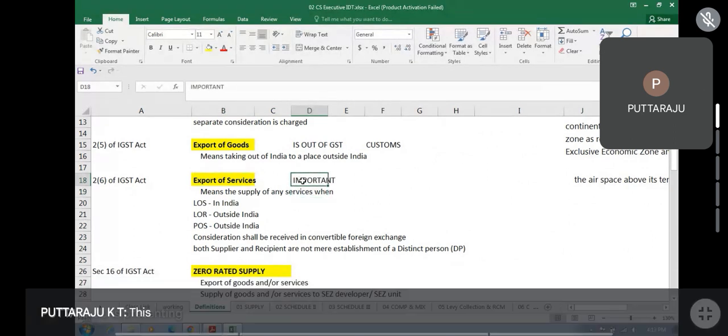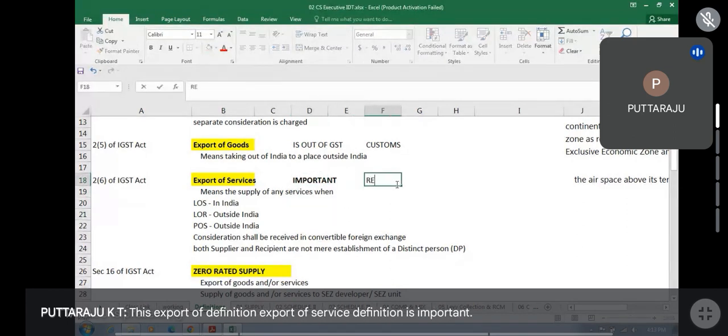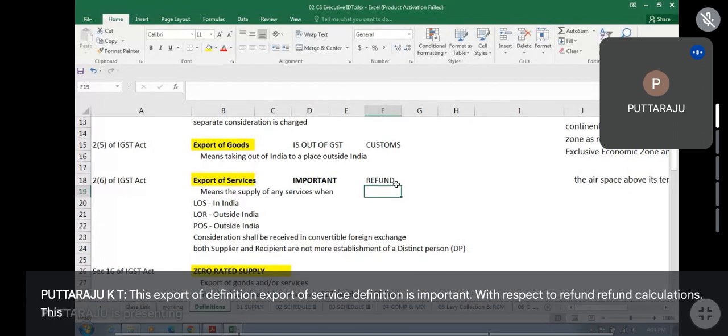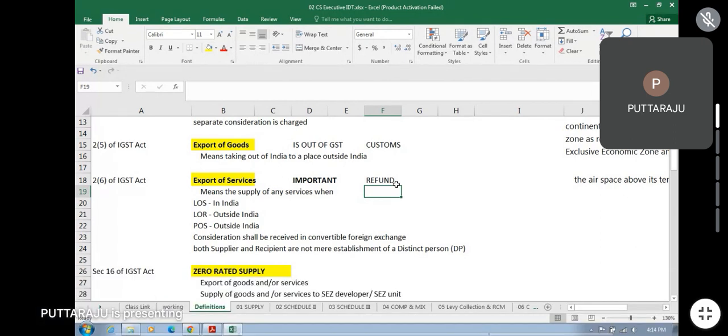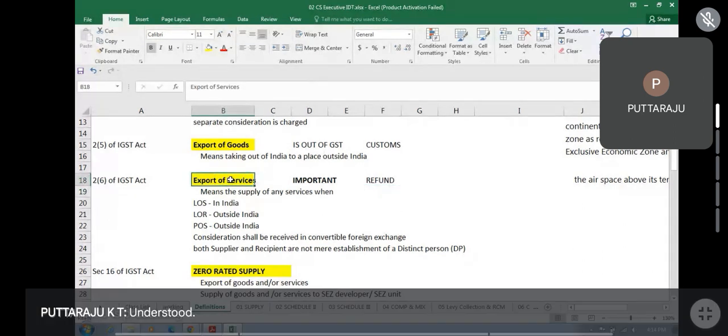This export of service definition is important with respect to refund calculations. This is very, very important. Okay, understood? Export of service means what? Location of the supplier is in India.